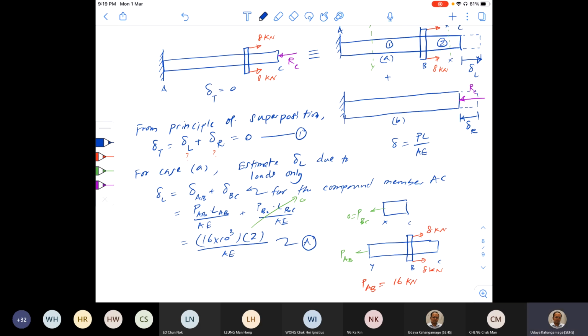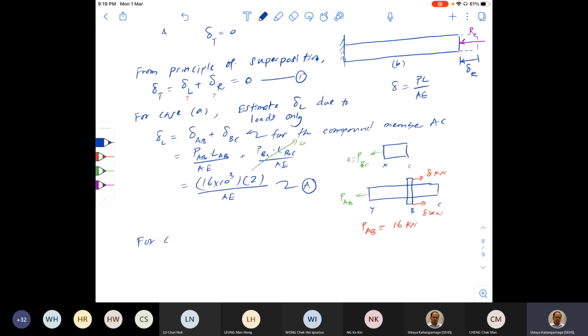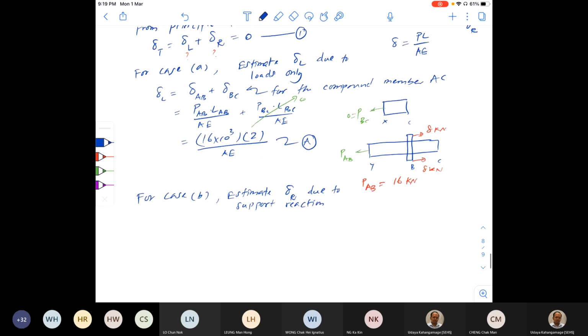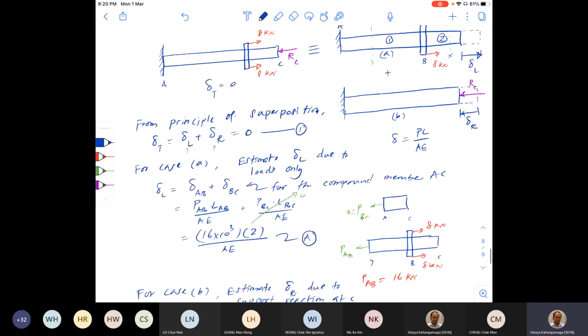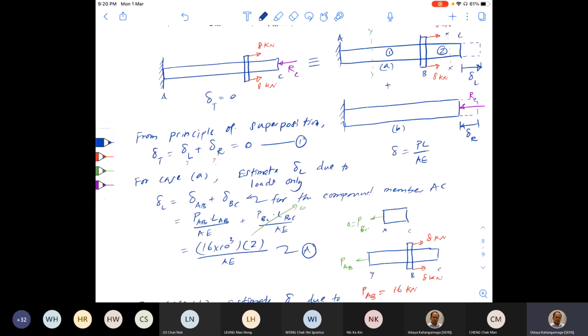And next we need to find out delta R. For that we need to analyze case B. For case B, estimate delta R due to support reaction at C. So now when you look at case B, how many different portions are there?